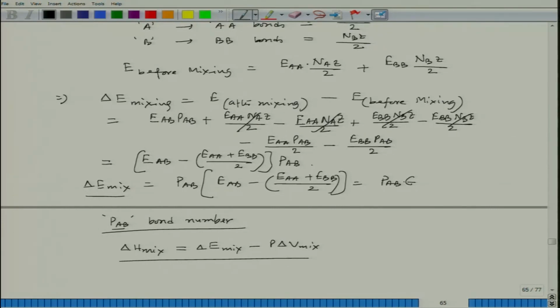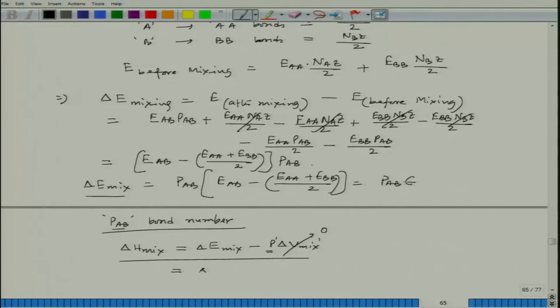Now, in quasi-chemical approach, we have assumed that this quantity is 0 and this is pressure. If this quantity becomes 0, the system becomes very simple, the calculation becomes very simple. So, it is nothing but ΔHmix, which equals PAB.